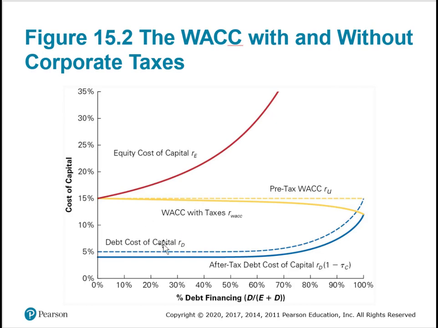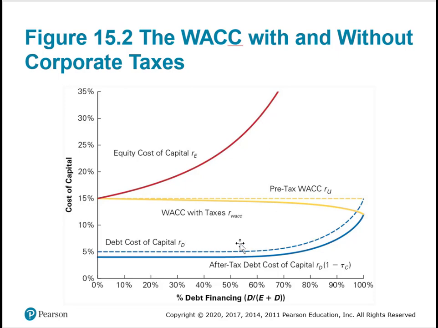So what this implies then is as more debt in the capital structure increases, eventually, of course, the cost of debt does increase. But we also see, as we had before, that the cost of equity is going to increase because of the increase in risk.